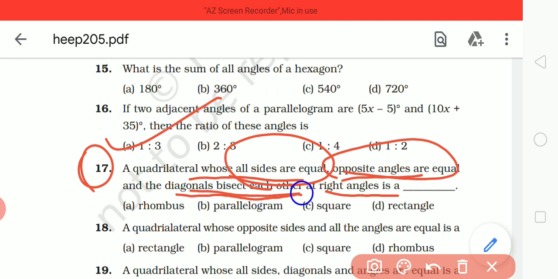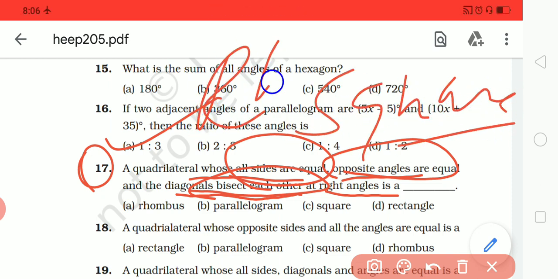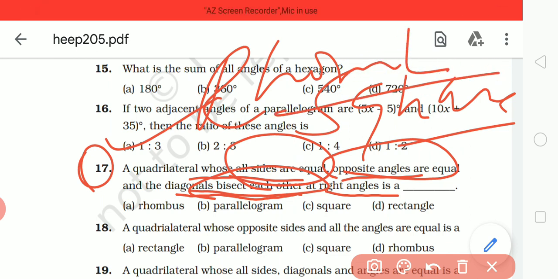Diagonals bisect each other at right angles in both square and rhombus. So you can write square, right? In the square all the angles are equal and in the rhombus opposite angles are equal. The most probable answer is rhombus, but you can write square also.